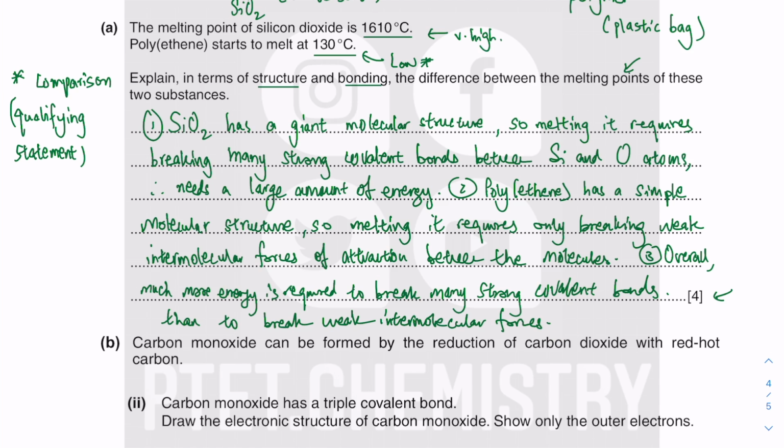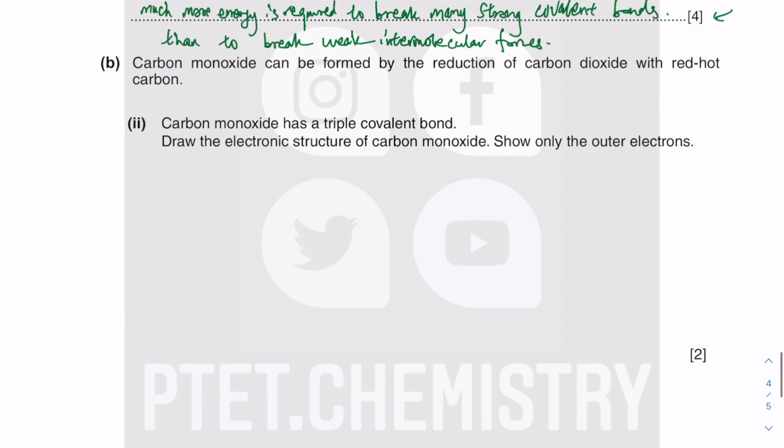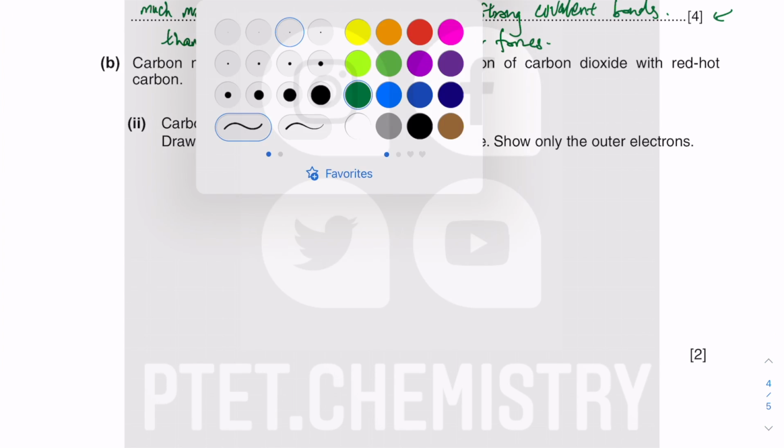So you're comparing the strength or the energy required to break one van der Waals, well, one intermolecular force versus the other intermolecular force, and therefore you need to think about the factor. So a lot of comparison comes down to what kind of qualifying statement you can make by thinking about the problem given in the context of the question. What is your stand on this? All right, what can you deduce from it? Okay, this is the last question, which is a dot and cross.